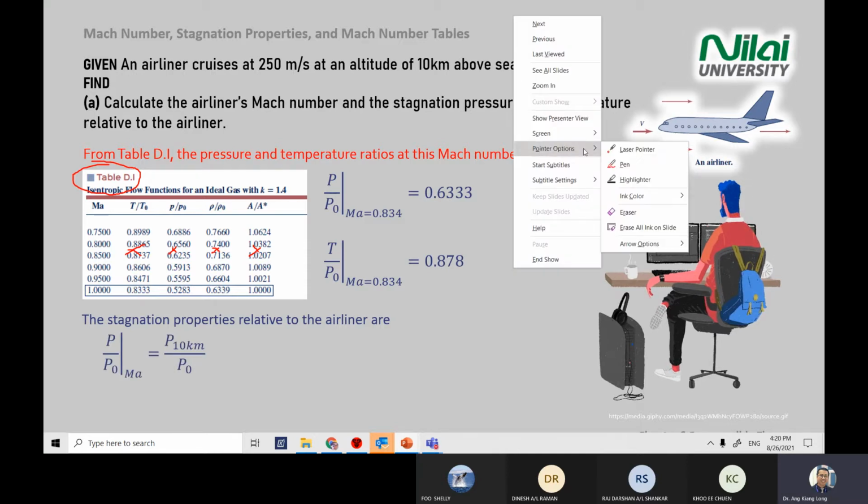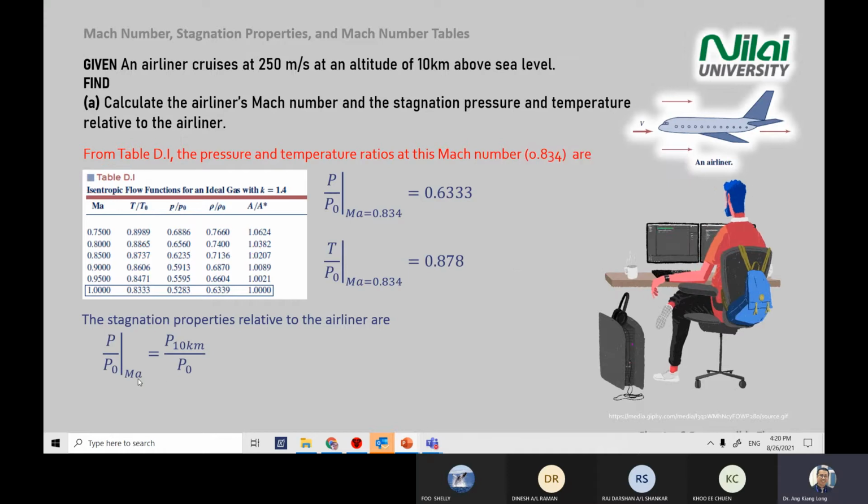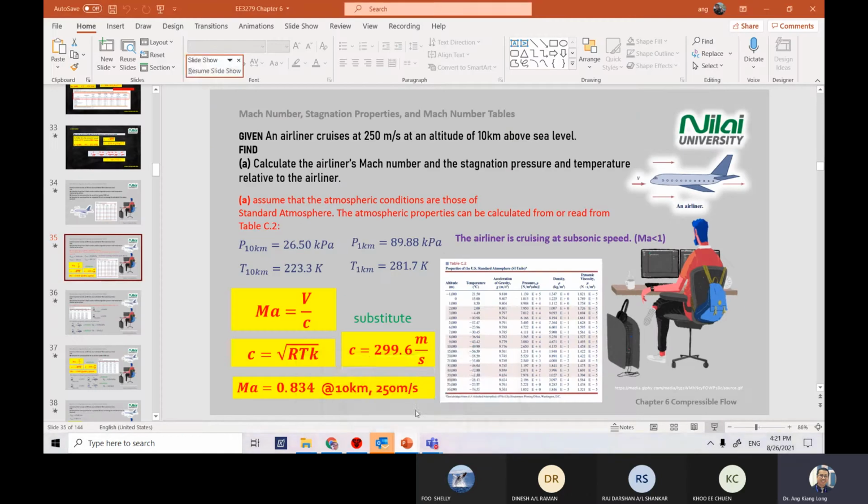Then what happens to the stagnation pressure? There is an equation to calculate it. To find the stagnation properties, we use the pressure at 10 kilometers divided by the stagnation pressure P0. Same with the temperature. Apologies for my typing; let me see if I'm able to show you my full screen.